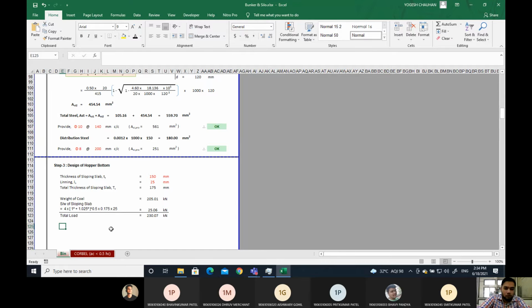So the load on each wall will be equal to simply this, divided by 2.